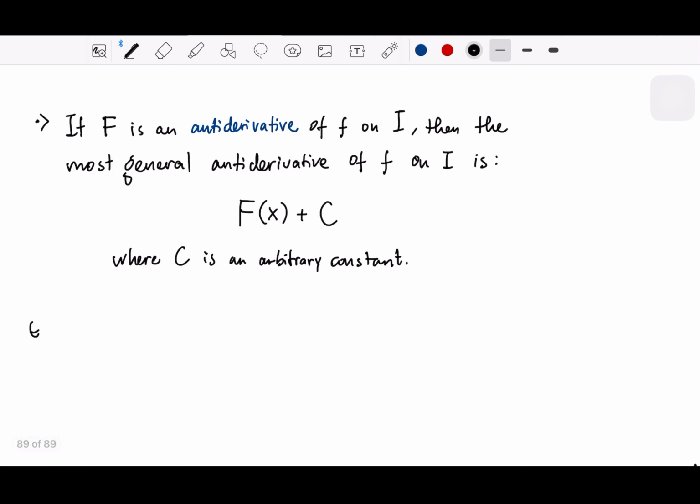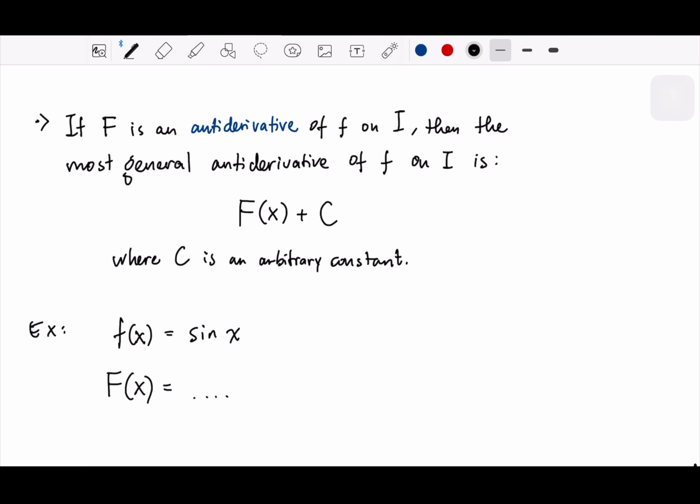So let's say, if you want to find the antiderivative, for example, if we have f of x equals sine x, and we would like to know the antiderivative, the capital F of x.